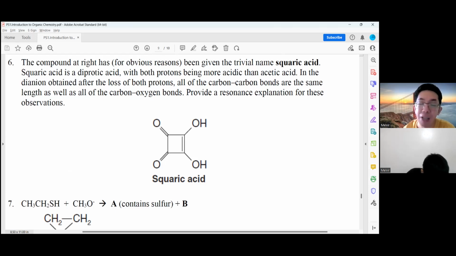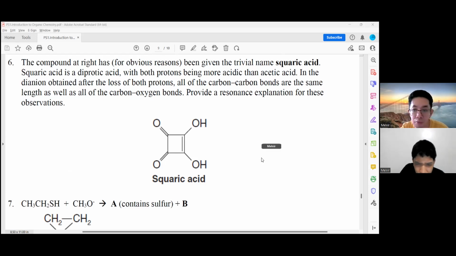Ayan. So, feeling ko abot tayo hanggang item 7. Sige, go ahead, Josh. So, give me the resonance structures for that one.